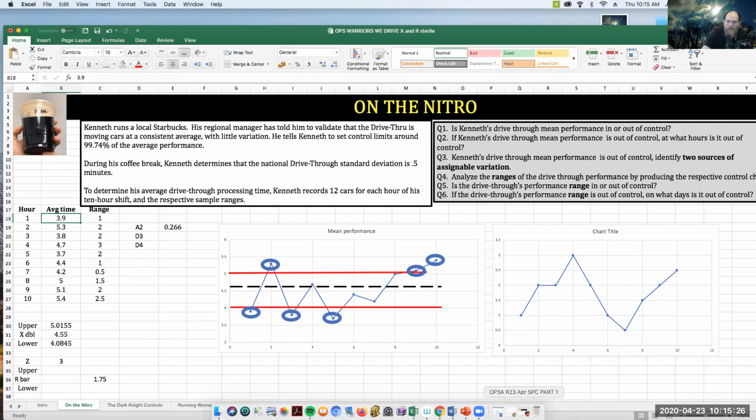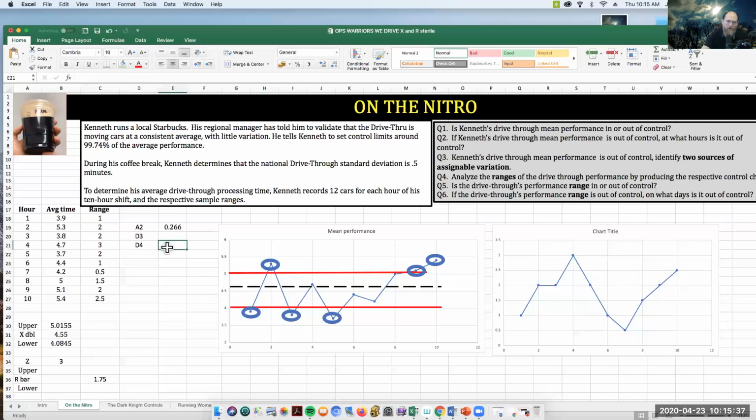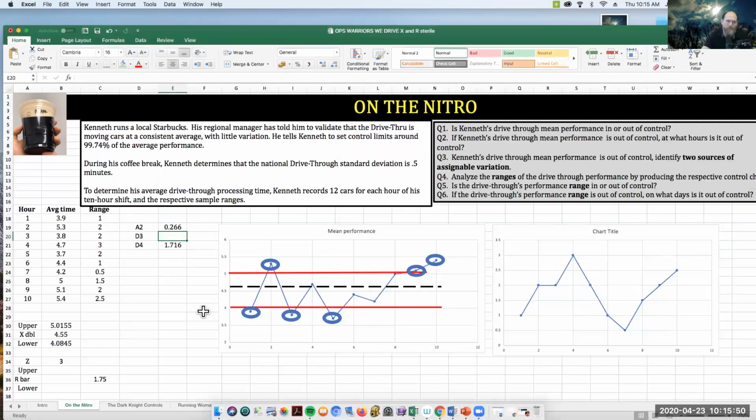But bottom line is we do have an N of 12. And so we would go over and pick 1.716 for D4. And then I think it might be, let's see, 0.284 for D3.